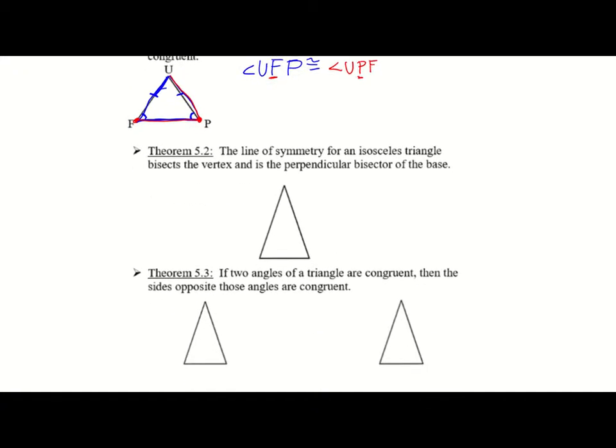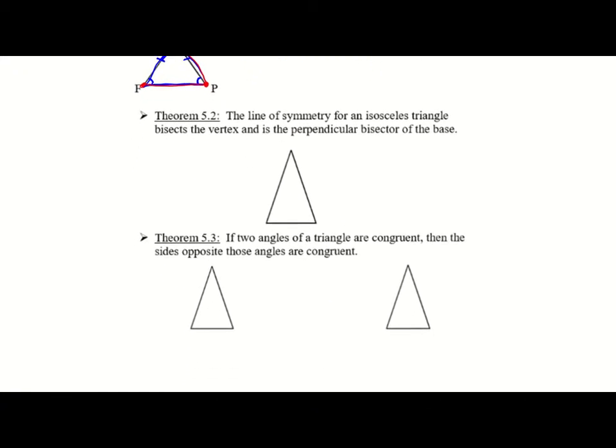Our next theorem says that the line of symmetry for an isosceles triangle bisects the vertex and is perpendicular bisector of the base. So if I draw in my line of symmetry right down the middle, I'm going to make a dotted line straight down the middle. That wasn't straight. Let me try that again. Straight down the middle.